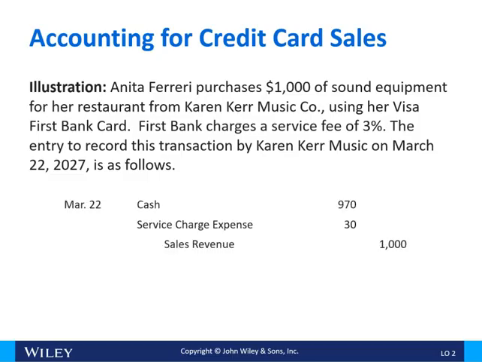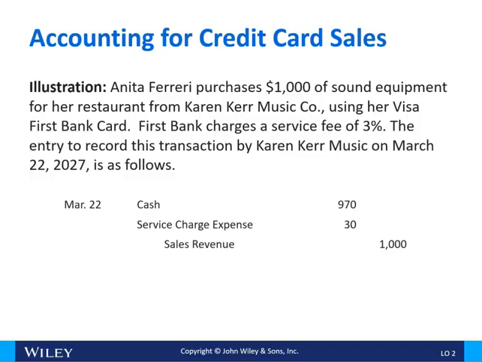The entry is to debit cash, debit our service charge expense, and credit sales revenue. The amounts: sales revenue is for the full purchase amount, $1,000. The cash received is going to be that $1,000 less the service charge that we got charged. So 3% of $1,000 is $30.